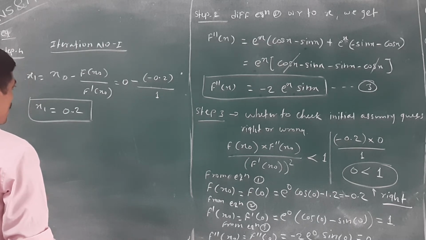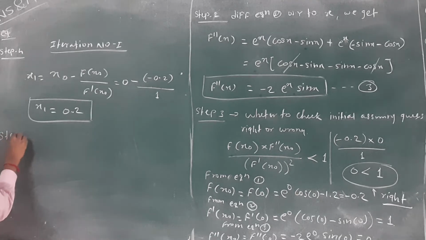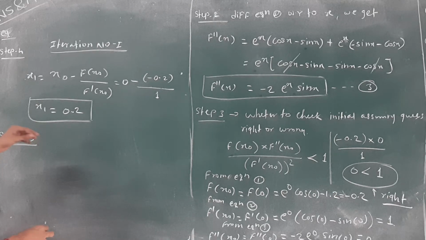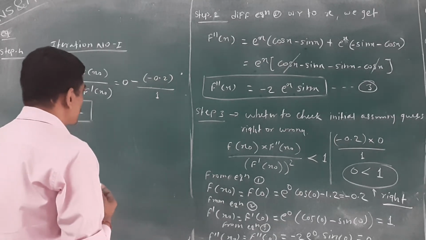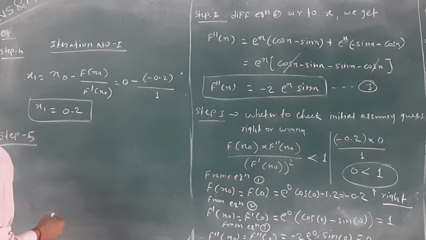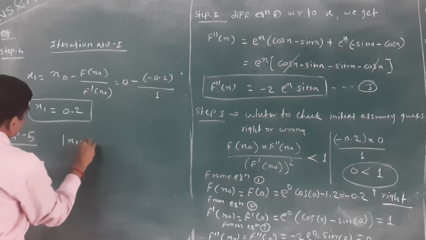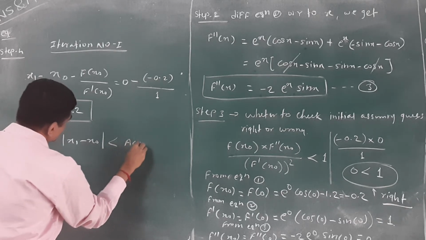Next, step number 5. In the initial stages we saw that we want to check whether our obtained value is less than the accuracy or greater than the accuracy. Here, mod of x1 minus x0 is less than accuracy.